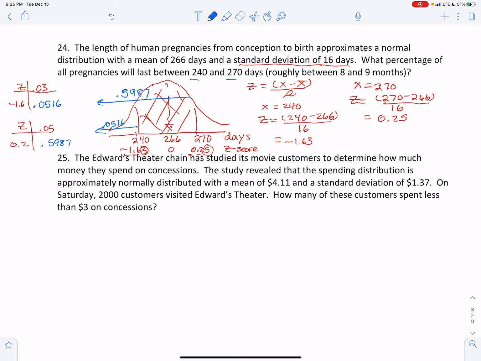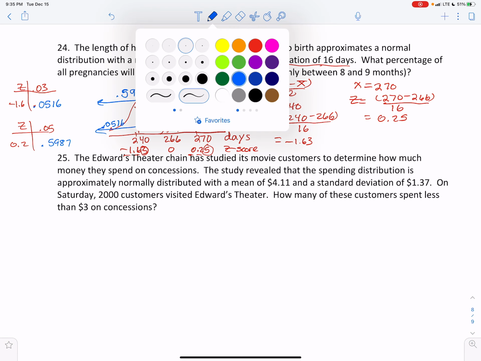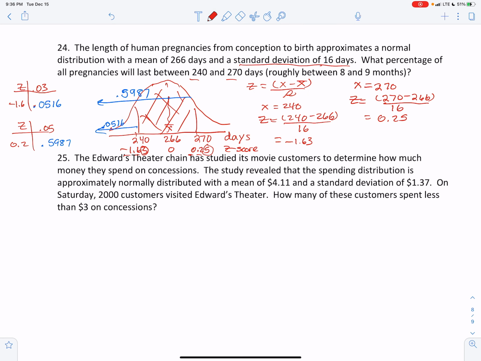Well, I don't want either one of those areas. I want the area between, so I'll take the larger area, that 0.5987, and subtract the smaller one, 0.0516.